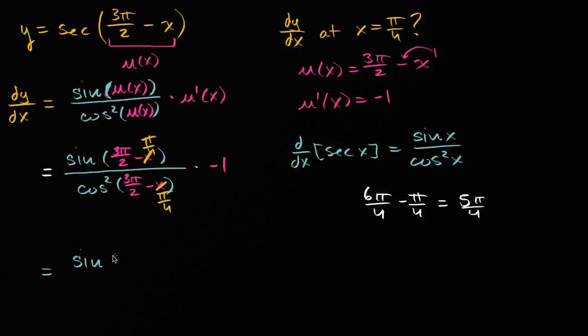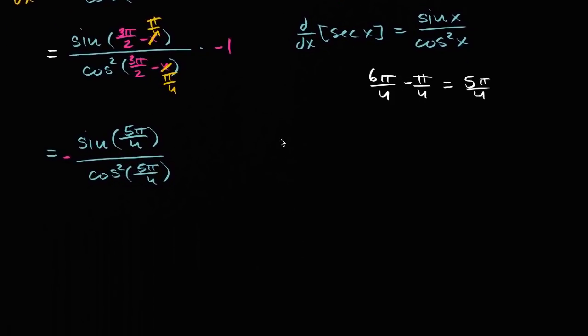So it's sine of 5 pi over 4 over cosine squared of 5 pi over 4, and then times negative 1. Now, what is sine of 5 pi over 4 and cosine squared of 5 pi over 4?